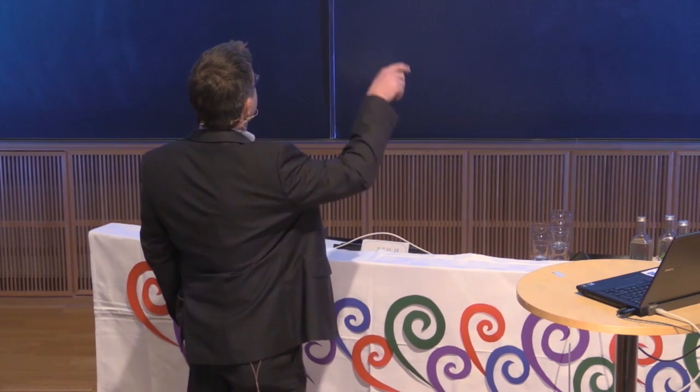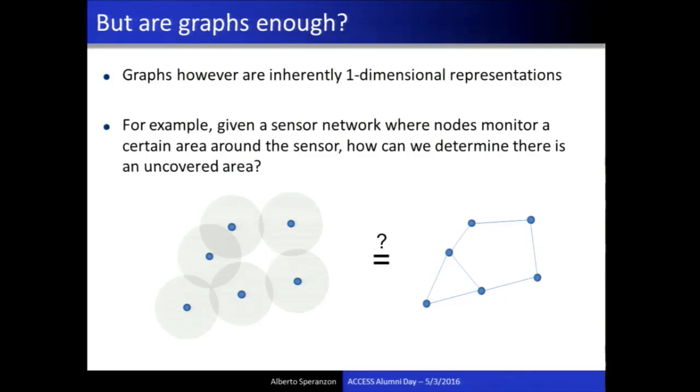I didn't show it here, but say that there is a space here which you want to monitor, and you could associate a graph to this problem, but of course you see immediately that it's not going to be enough. I mean, here you see that there is a hole where sensors are not monitoring the environment.